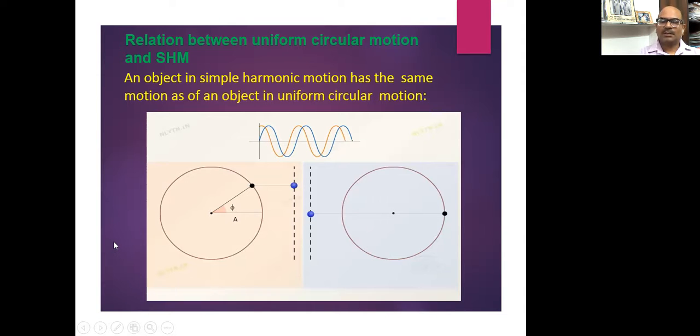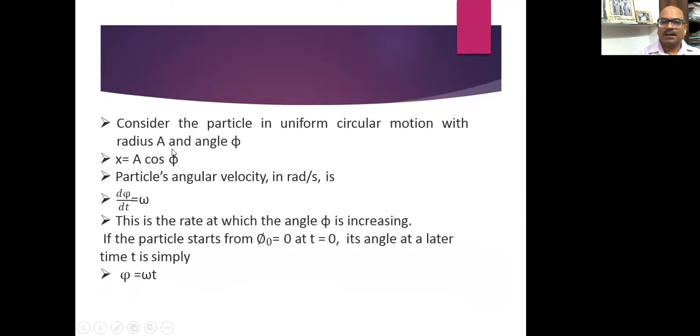Now I hope you understand how a relation between uniform circular motion and SHM can be derived by using the concept of phase difference between them. If we consider a particle in uniform circular motion with radius a and angle phi, we can write a cos phi as the displacement, and the angular velocity is d phi by dt. So phi is equal to omega t at any instant, from the initial moment.